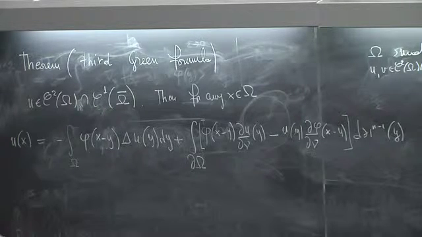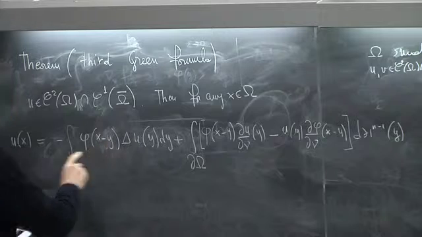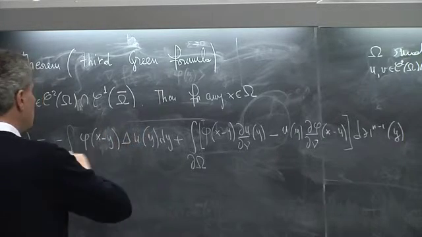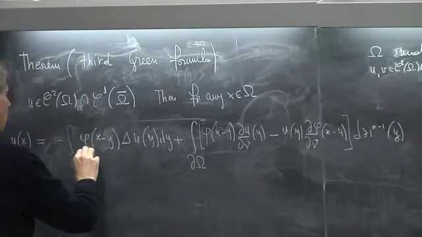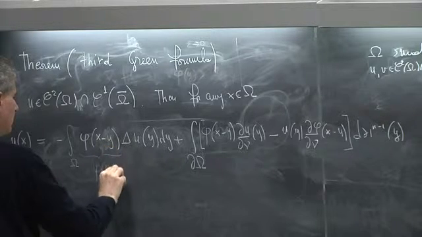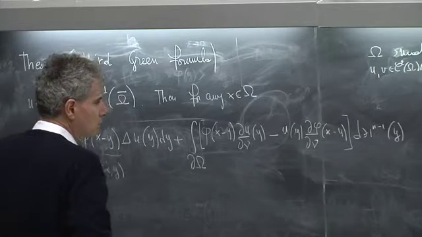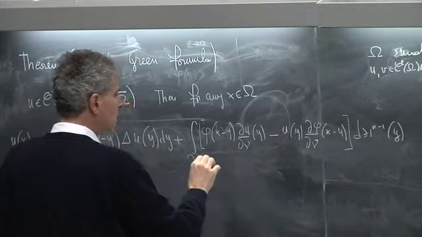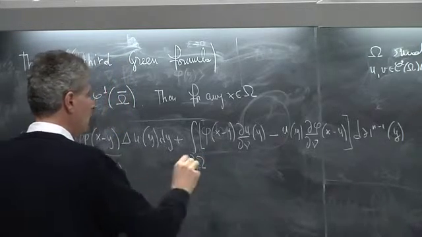So maybe in some books the notation is slightly different. Maybe in some books this is indicated by phi of x and y. Actually, it's a function of the difference, but we can more generally write like this.